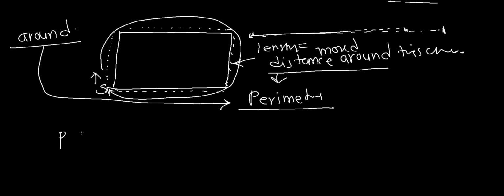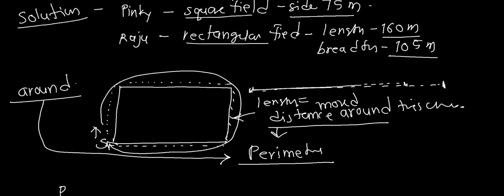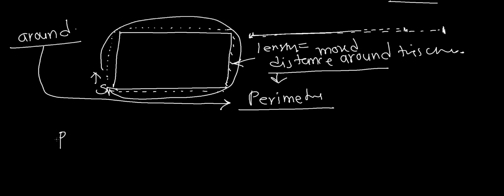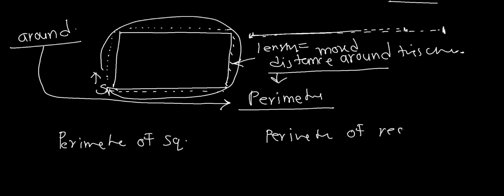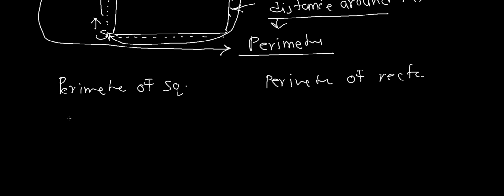So the first shape is Pinky's square field, and Raju's is the rectangular field. We need the perimeter of the square field and the perimeter of the rectangular field.